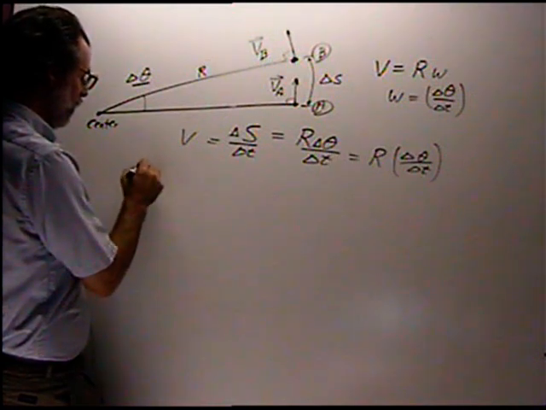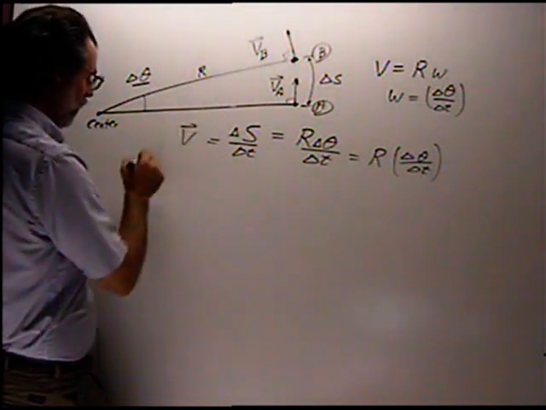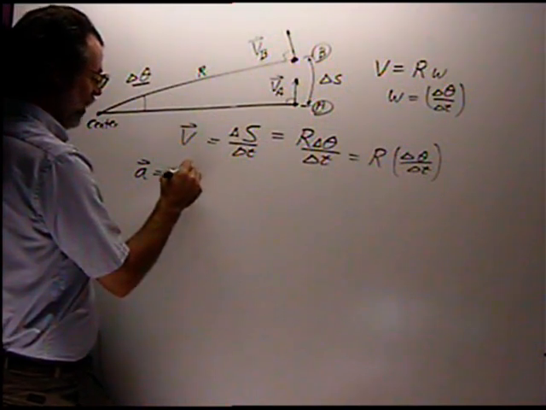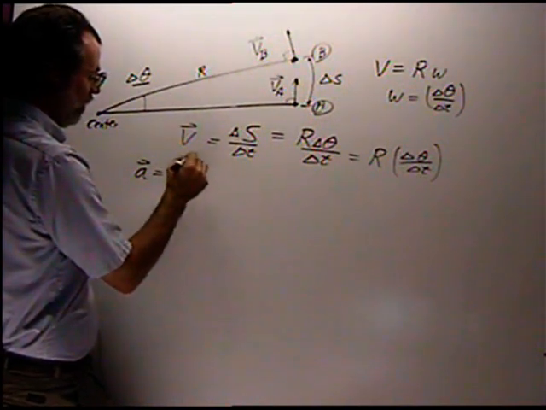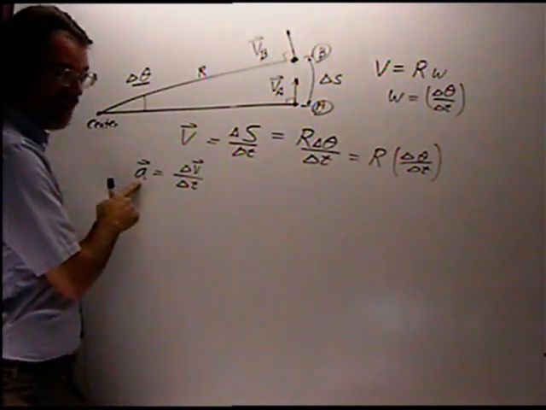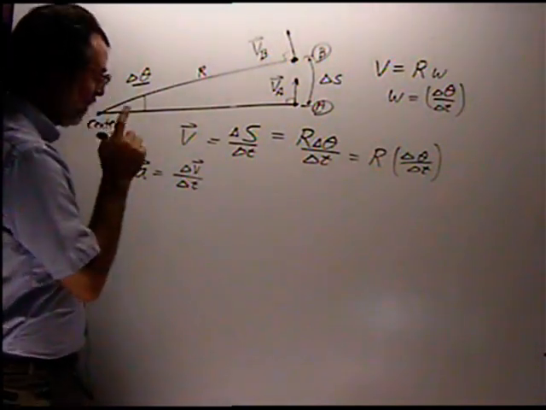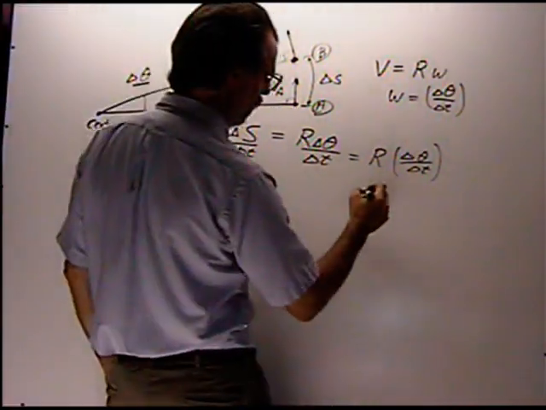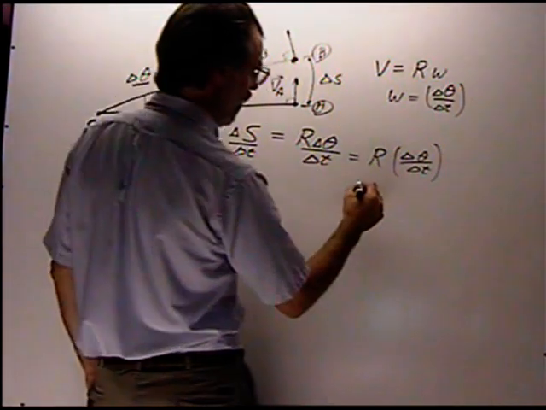The acceleration, and again, this is a vector quantity, is the change in velocity over the change in time. That's the definition of acceleration. What I'm going to do is invoke what we call in calculus the chain rule.